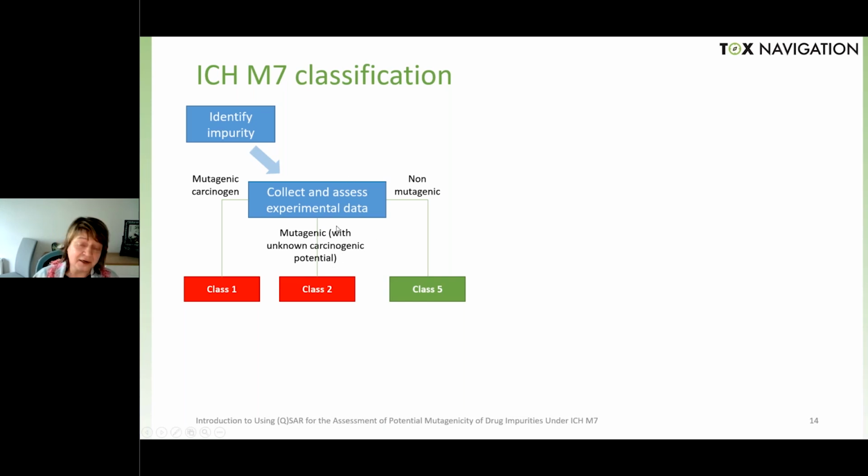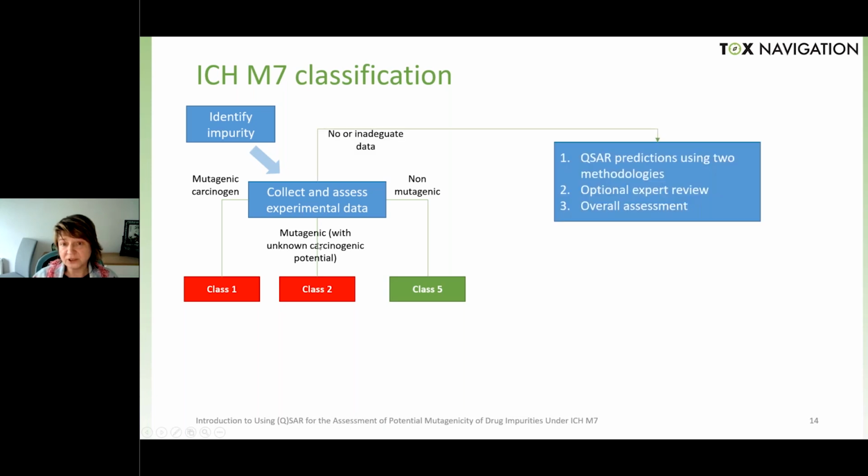If the existing data are not enough to come to a conclusion at this point, what you can do is apply QSAR, or generate new testing data. Using two QSAR models together, and according to the overall assessment of your predictions, you can predict your impurity as class 5, so it is non-mutagenic, or class 3.